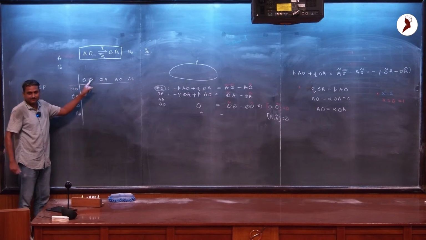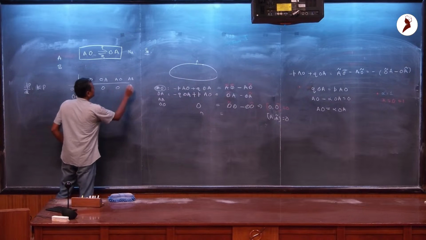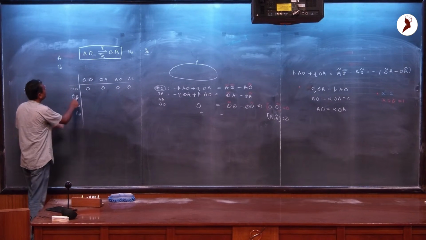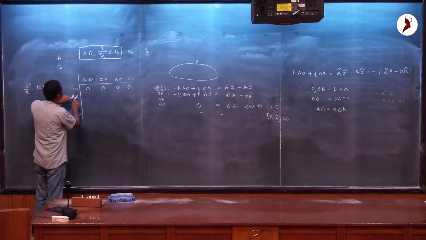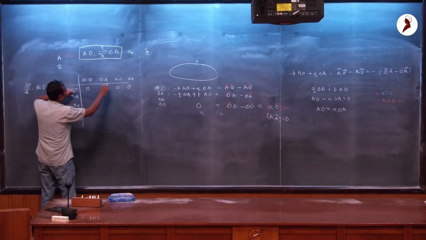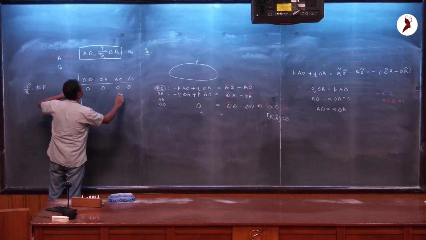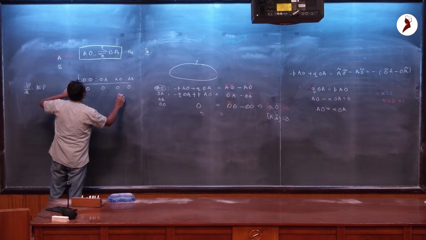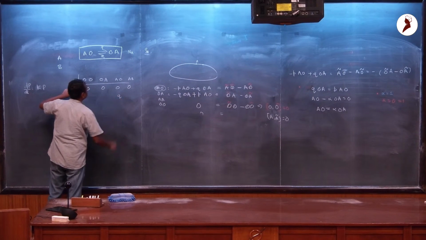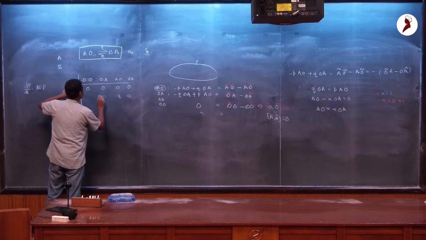So 00 doesn't change, so this is all zeros. And 0A can come from A0, with rate Q. There is nothing else.